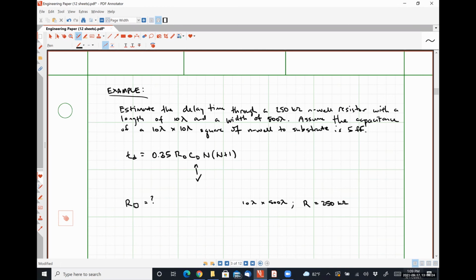So what's N got to be? 50, right? It's the ratio of the length divided by the width, or width divided by length. So there are going to be 50 10 lambda by 10 lambda squares comprising this resistor.